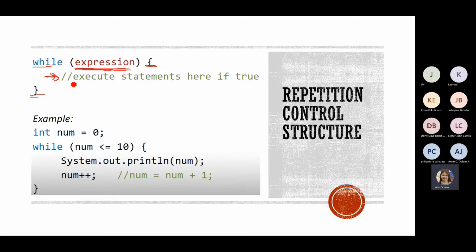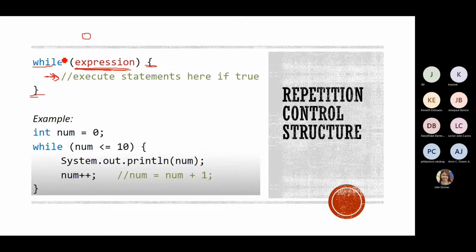Like for example, may nilagay ka dito na magkukos ng infinite loop. In that infinite loop, magkakaproblema tayo kasi maglalag din yung IDE ninyo. Magkakaroon siya ng flooding. So, like for example, ang value mo is 0.